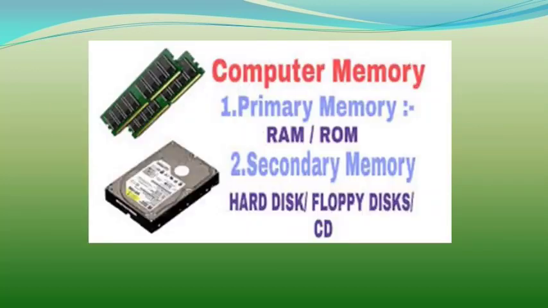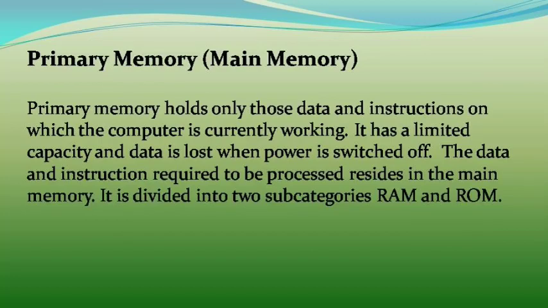So the computer memory is divided into two categories, primary memory and secondary memory. First, primary memory. The another name of primary memory is main memory. So the primary memory holds only those data and instruction on which the computer is currently working.